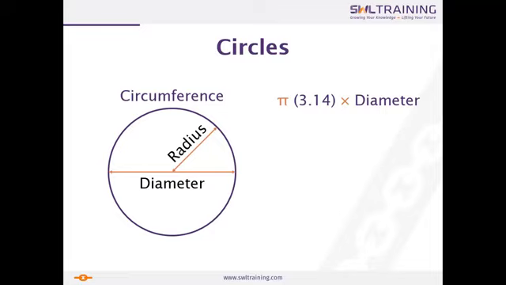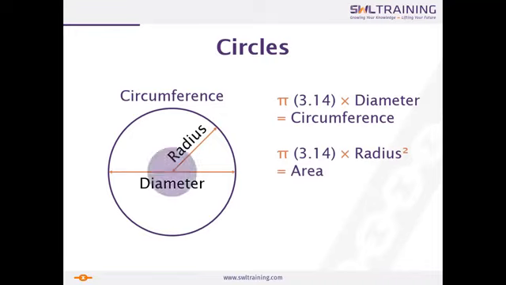So 3.14 times diameter gives us circumference. If we wish to calculate the area of a circle, it's pi, 3.14, multiplied by radius squared, hence pi r squared. So that's pi times radius squared, and that gives us area.